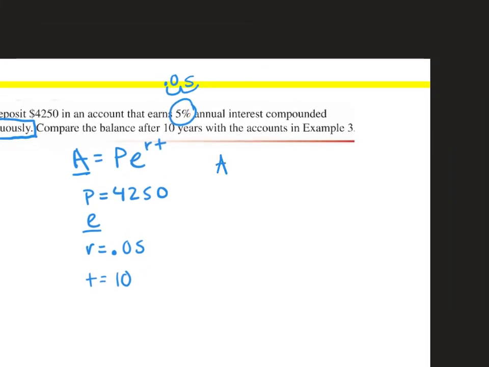So now we plug it all in. Our amount is equal to 4,250 times E to the power of 0.05 times 10. So what do we do first? Got to multiply that exponent together. So what's 0.05 times 10? 0.5. What do we do next? You put in your calculator. We got to put that E to the power of 0.5 in our calculator.